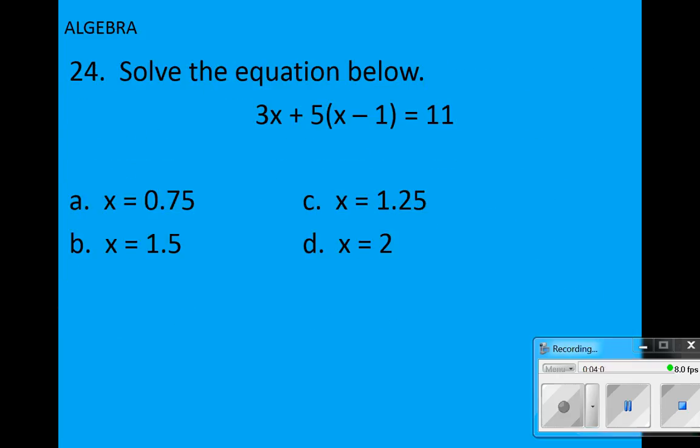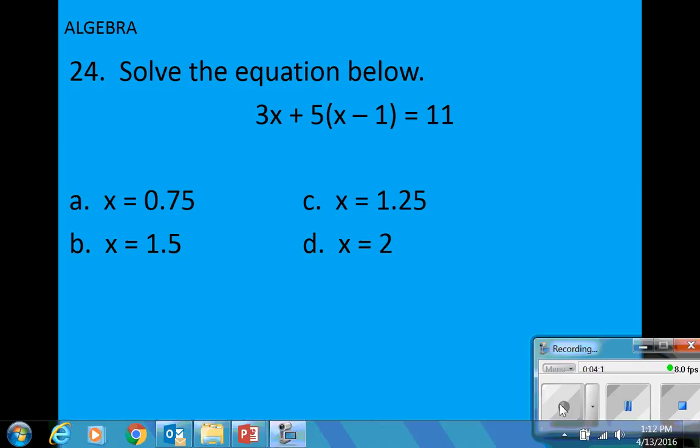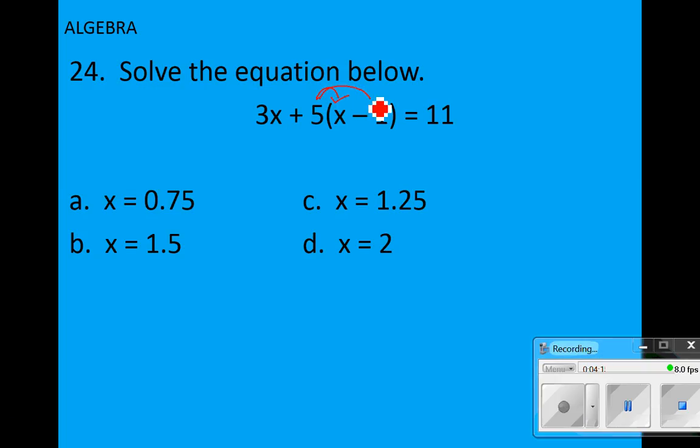Question 24. Solve the equation below. 3x plus 5 times x minus 1 equals 11. The first thing I'm going to do is distribute this 5 into the parentheses.